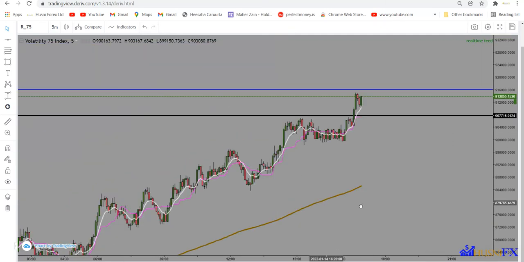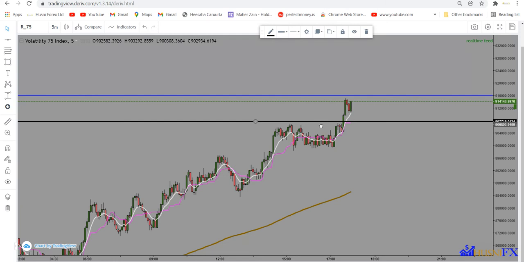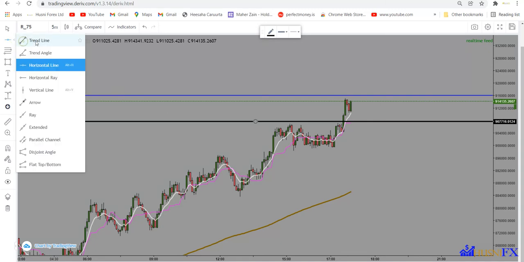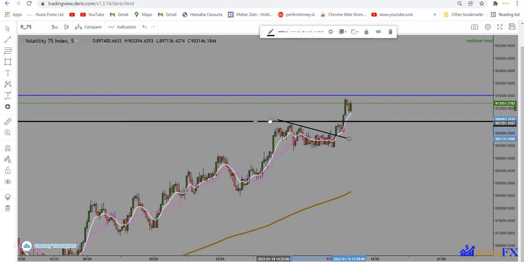On this time frame, what we know is that the market is still in an uptrend. So always the price is breaking structure. So follow the trend, be a friend with the trend. The trend must be your friend.